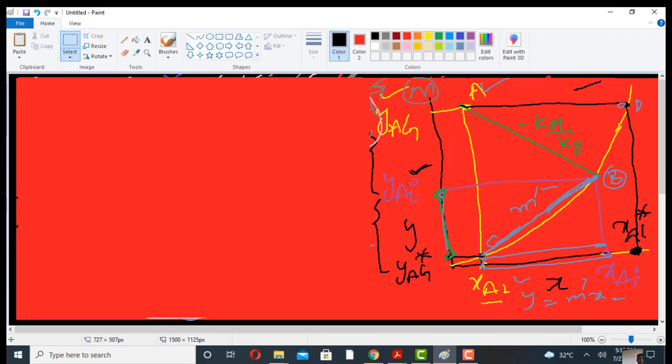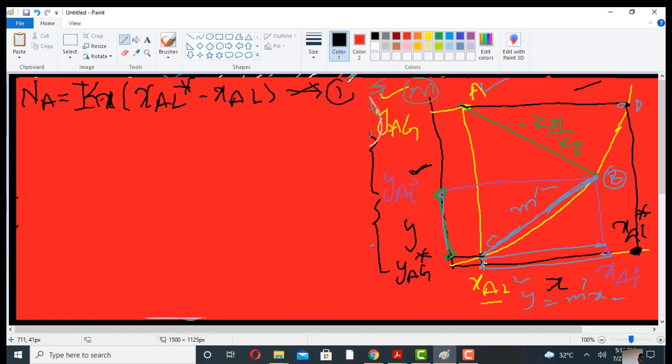So we know that Na is equal to capital Kx, XaL at the equilibrium minus XaL. Suppose this is equation 1.